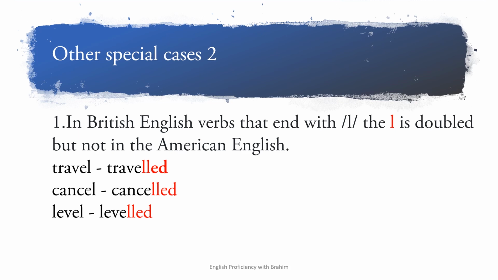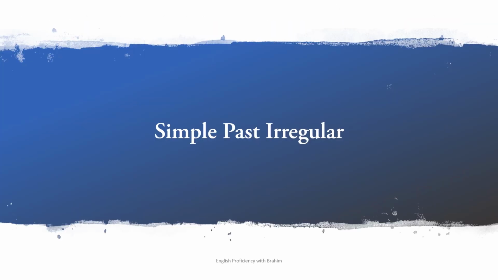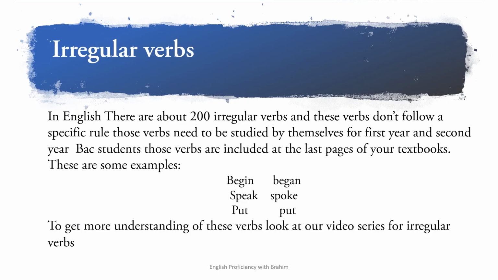Now we will move to simple past of irregular verbs. In English, there are about 200 irregular verbs and these verbs don't follow a specific rule. Those verbs need to be studied by themselves for the first year and second year baccalaureate students. Those verbs are included at the last pages of your textbook, and we'll just give you here some examples.